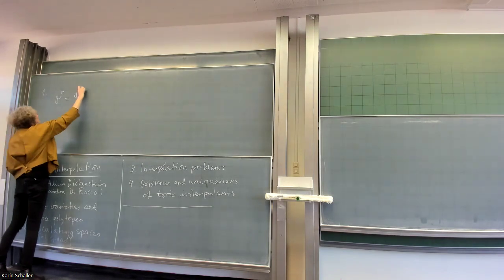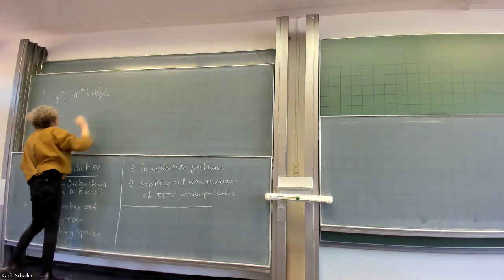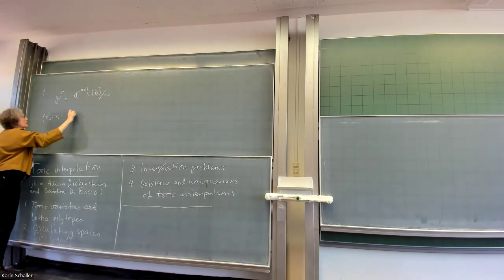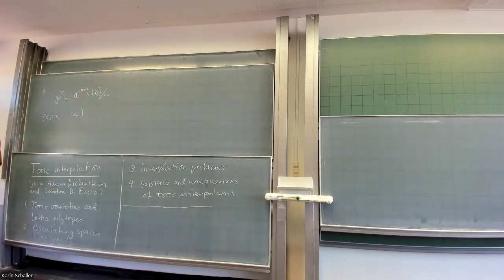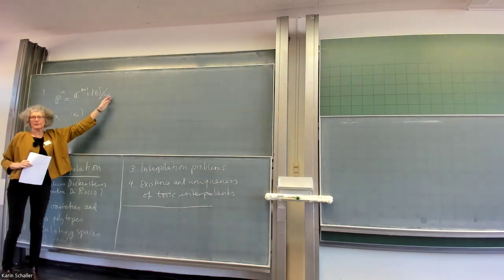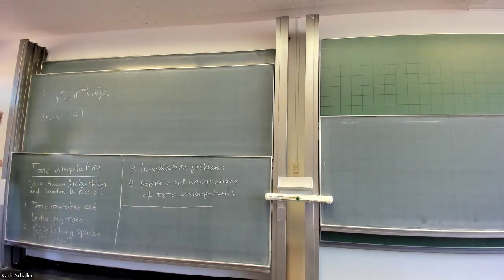So I will just take projective space, and the points will be denoted like this. So this will be the equivalence class with respect to multiplication by a non-zero scalar, as we have seen, even in the last talk yesterday. So I will not say more about that.